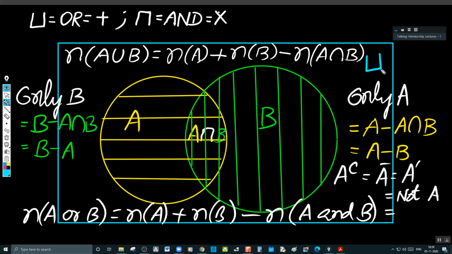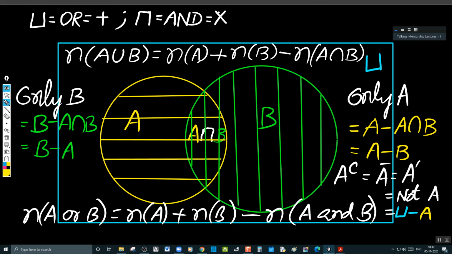Universal set I am denoting with U. So not A means U minus anyone. What should be written? Minus A. Correct or not? Yes, sir. Not A means universal set minus A.